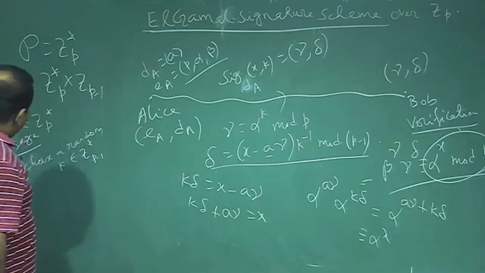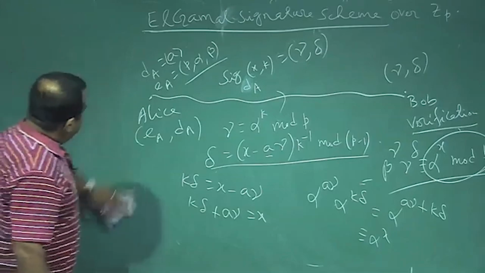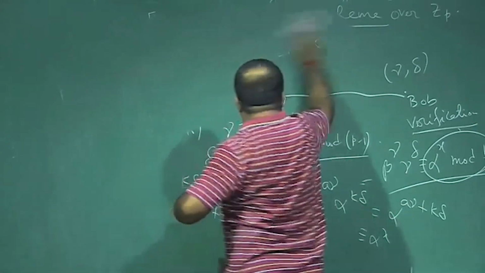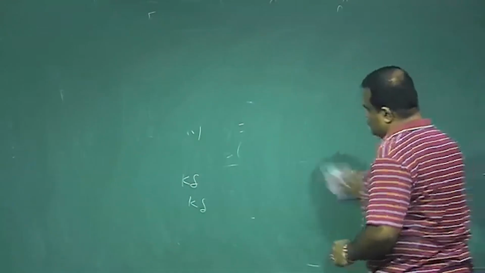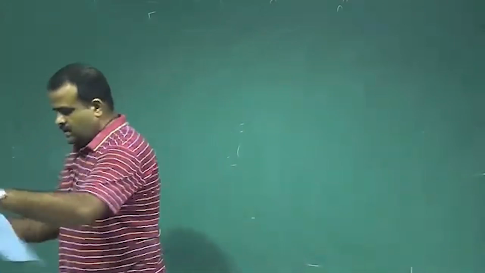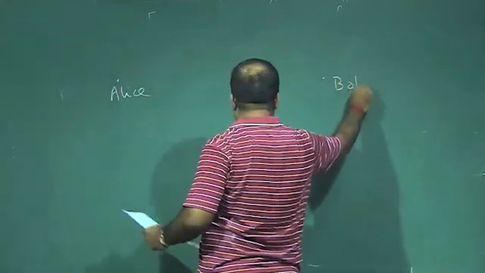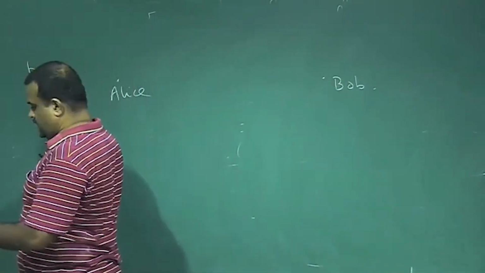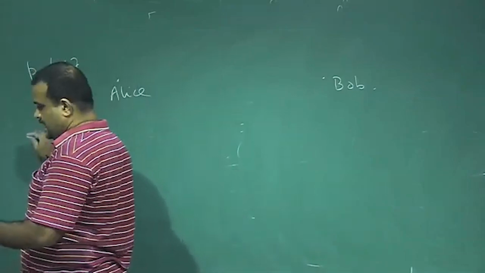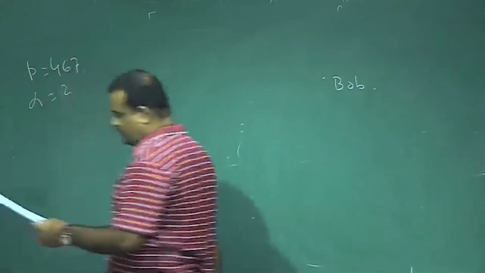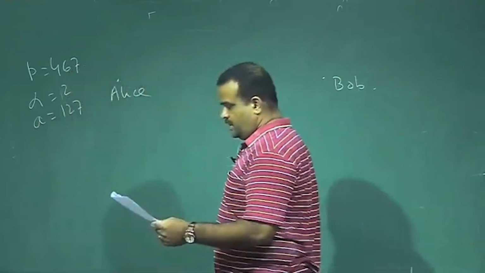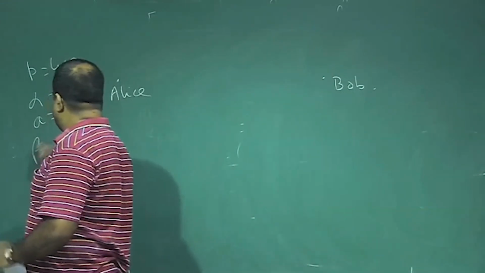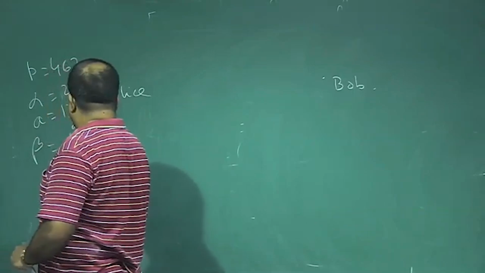So, let us take a quick example for this ElGamal signature scheme. Okay, suppose Alice chooses p equal to 467, and Alice chooses a generator alpha equal to 2 for this Zp star, and Alice chooses a secret key a equal to 127. Alice computes beta equal to alpha to the power a mod p.